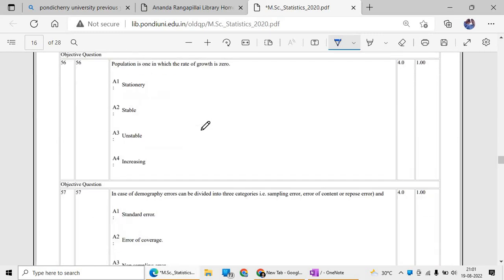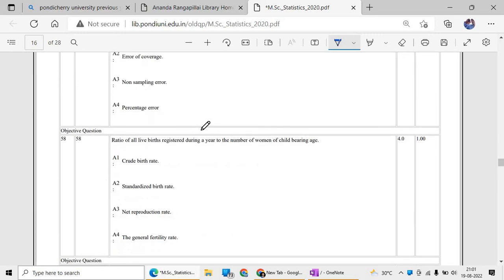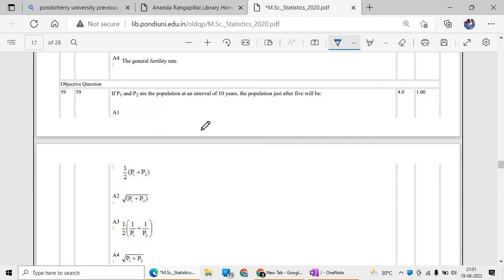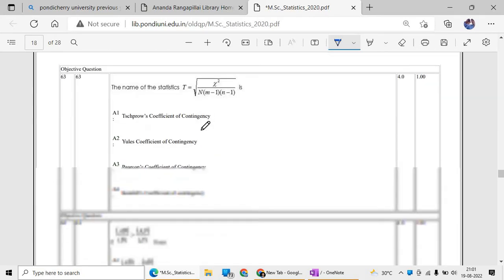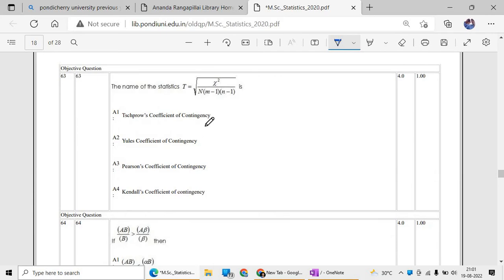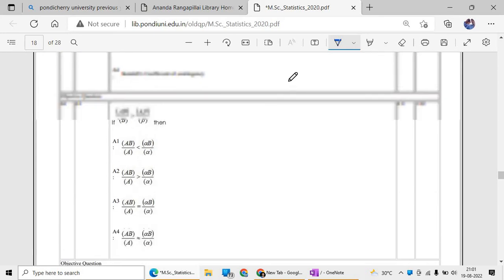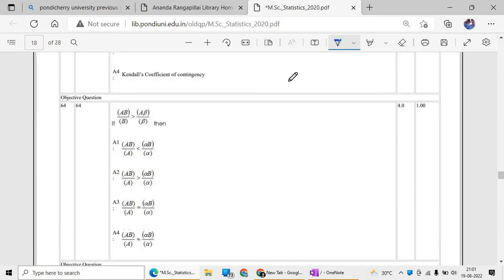So these are very standard questions. Okay. So this is again a standard question. You can just cross check from the question. So here, if it is equal, then it is independent. What is the question?